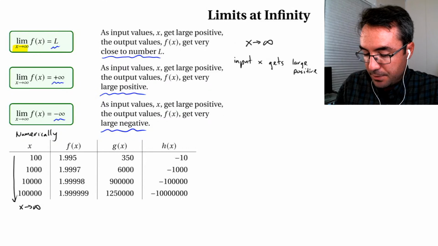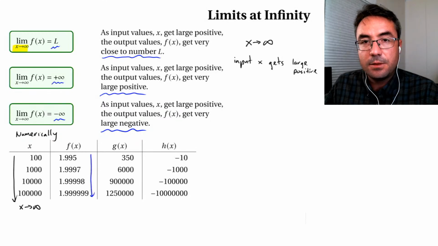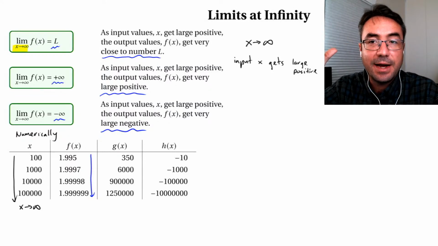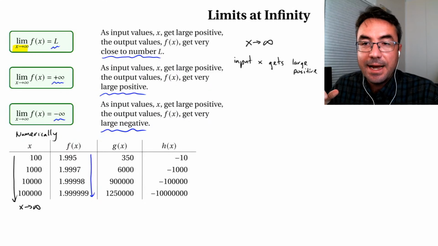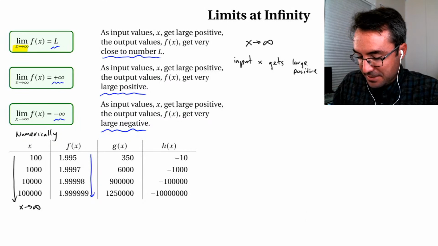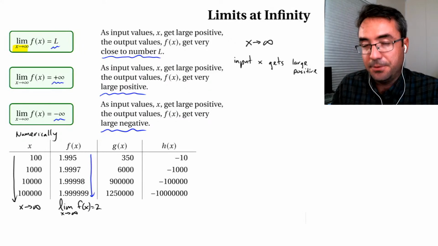Now in the first example here, we have this function f, and as we read down the table, it looks like the output values are getting closer and closer to the number 2. So we have like 1.995, and then as we read down, it looks like we have 1.999999. And numerically, what this is saying is the limit of our function as x approaches infinity is equal to 2.